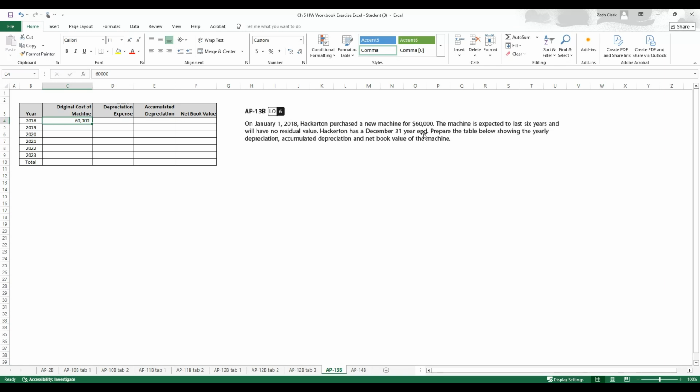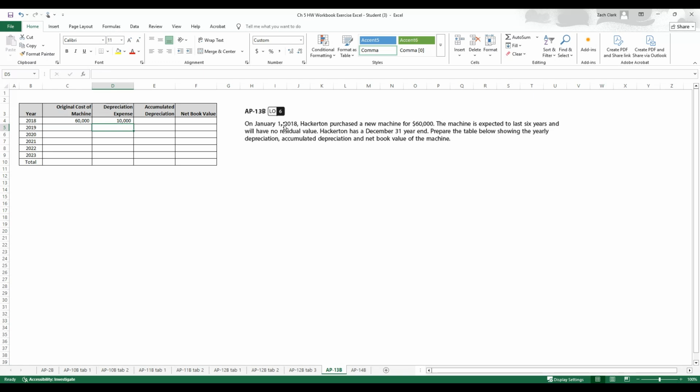We have a December 31 year end, and we need to prepare the table showing the yearly depreciation, accumulated depreciation, and net book value. So depreciation expense is real easy in this instance because it's just the cost of the machinery divided by the useful life in years, and we have 6 years to account for.